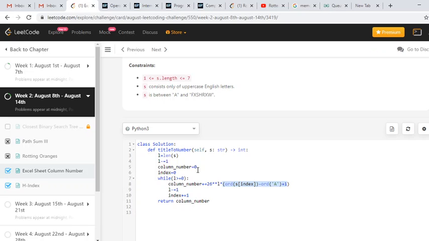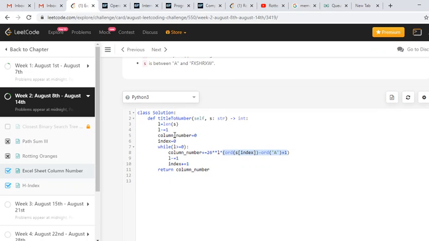What is going to be the answer for this S? Now I'm taking the index, which is used for moving from left to right. Simply in the loop, I am calculating 26 to the power L, which is the power here, and after that this part is used for finding the value of that character.